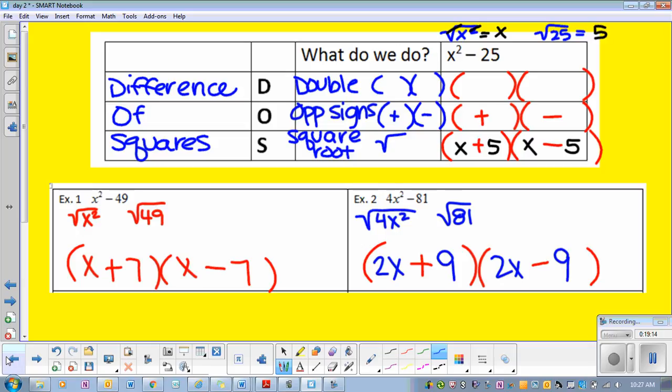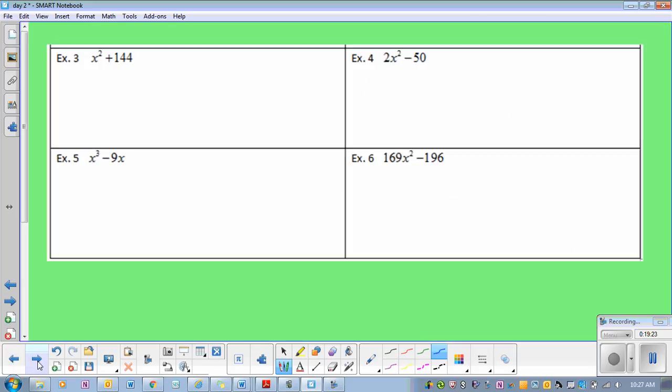Alright, and then we'll try the next one. Look at number 3. Do I have two terms? Yeah. Is it a difference? Is it subtracting? No. Number 3, it's not subtracting, right?